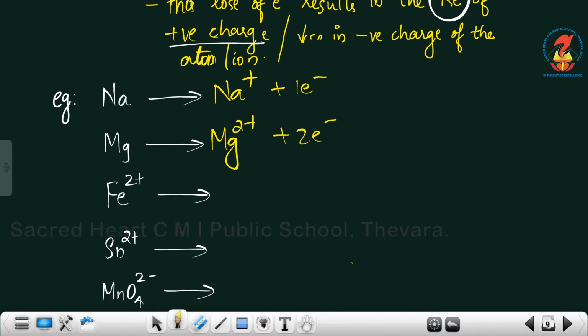Now, Fe2+, it already has 2 positive charges. If it is losing 1 more electron, 2+ will become 3+, becomes Fe3+. So, after losing electron, if it is positively charged, there will be an increase in positive charge.